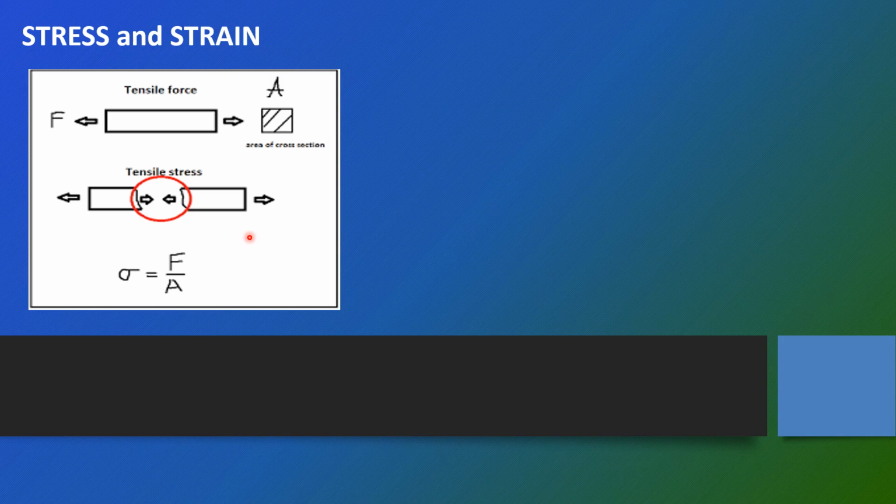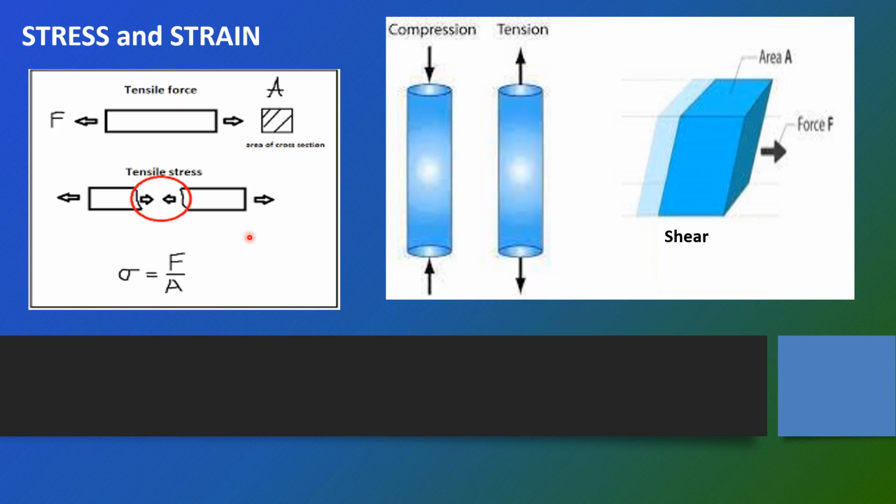There is also an opposite kind of stress, and this is what we call compressive stress, which is exactly the opposite of tensile stress.